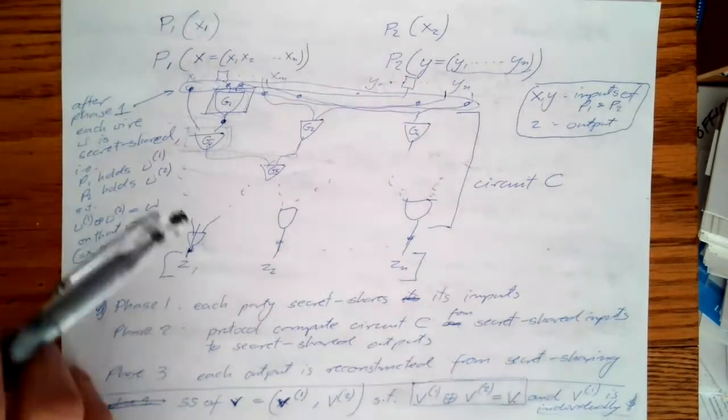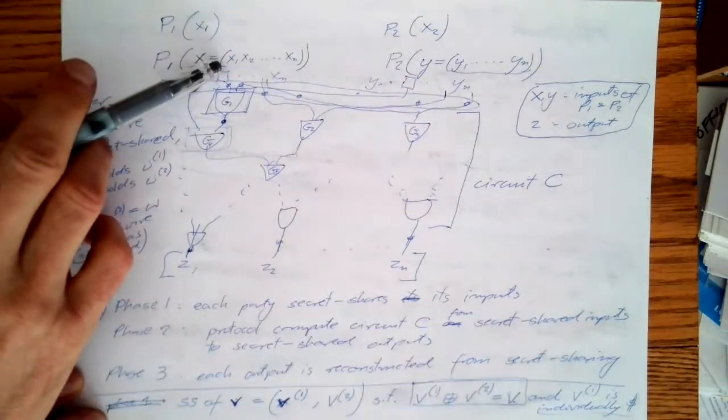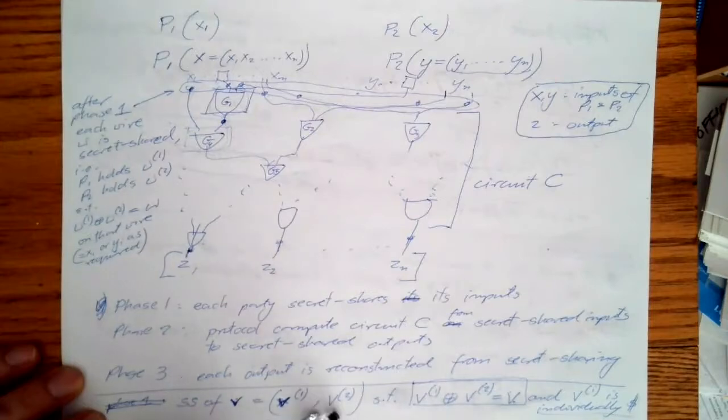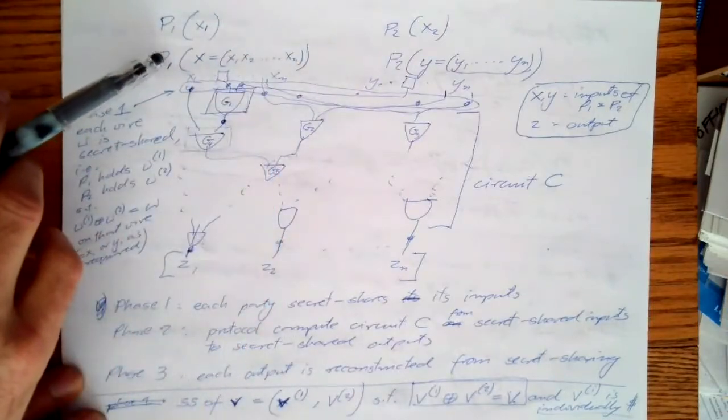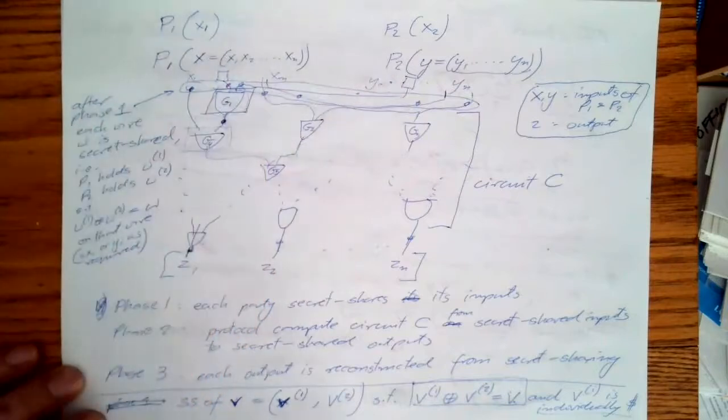You share any input X by creating two shares, one for P1, which P1 would hold for himself, the other he would send to P2, such that one of these shares is picked uniformly at random, and the other is the XOR of that one and the value. So secrecy follows from a one-time pad argument.